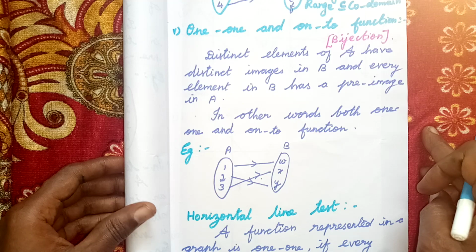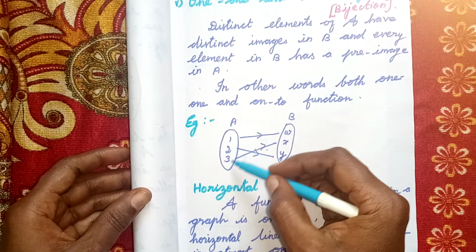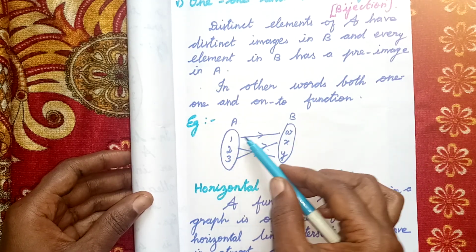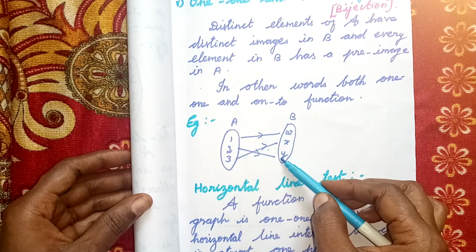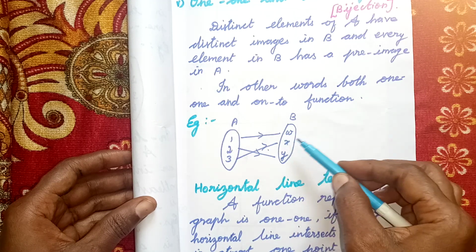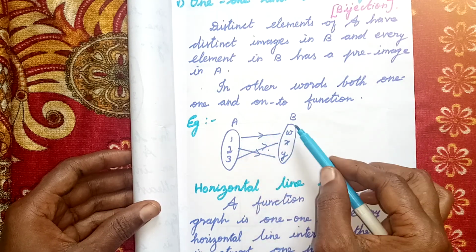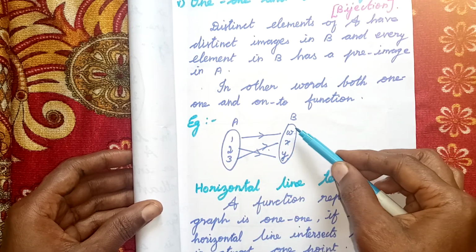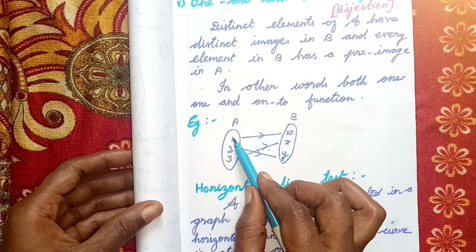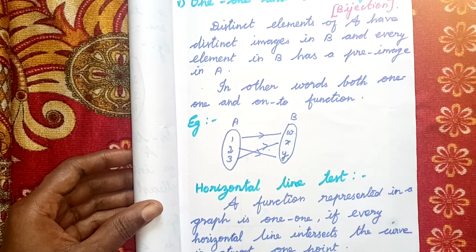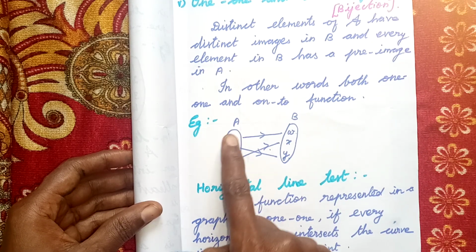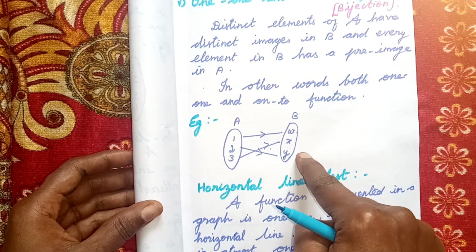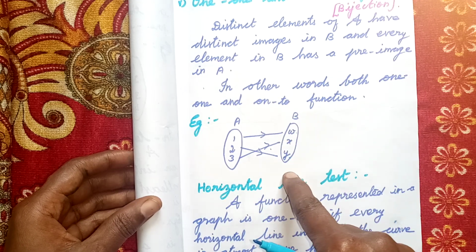One example: set A is 1, 2, 3 and set B is W, X, Y. Here 1 maps to W, 2 maps to Y, and 3 maps to X. The image of 1 is W, the image of 2 is Y, the image of 3 is X. Every distinct element in A has a distinct image in B, as well as every element in B has a preimage.